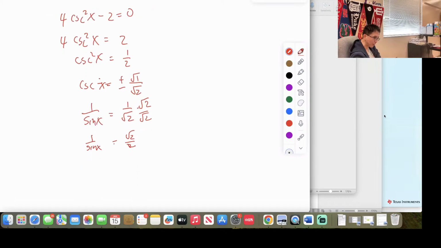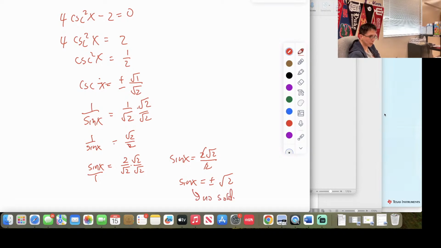However, you can flip both sides at the same time, so sine of x is equal to 2 over root 2. Does that make sense? I flip both sides at the same time, and that's sine of x equals 2 over square root 2, cross it out, sine of x equals plus minus root 2. Now, is plus minus root 2 bigger than 1 or smaller than 1? Bigger than 1, so this part has no solutions. Trick question. Psych. Sorry.